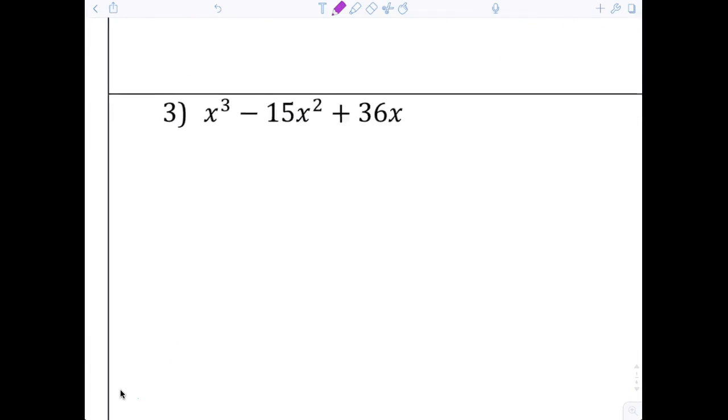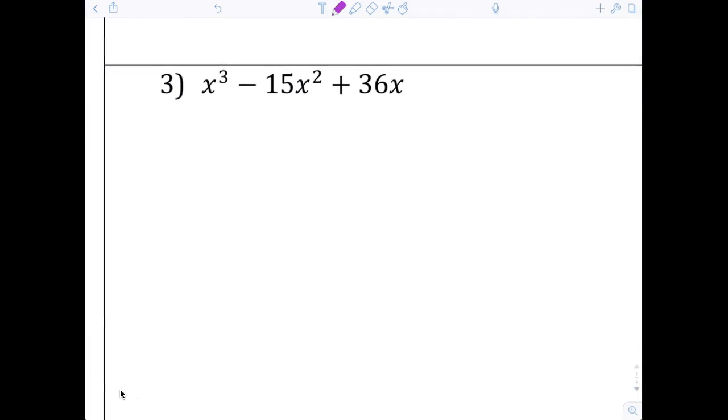All right, now we're at number 3. What's the GCF? X. What's left behind? Now what?